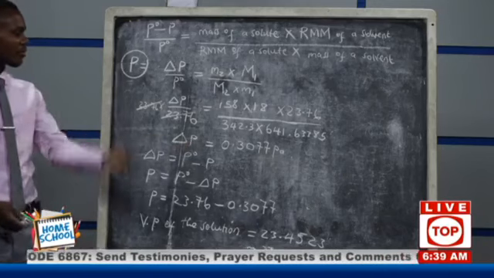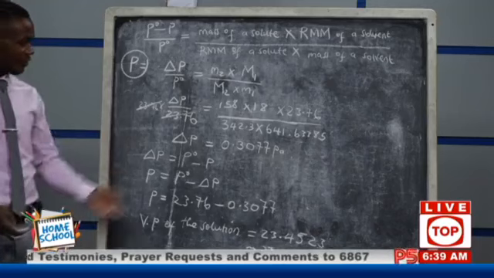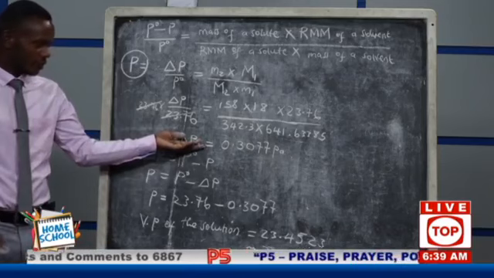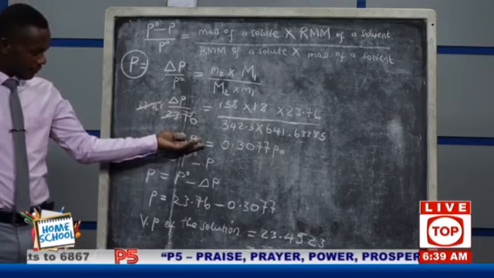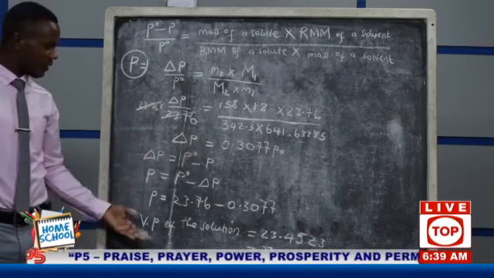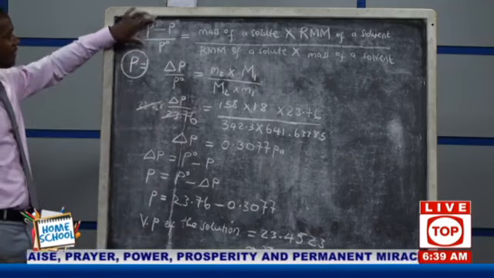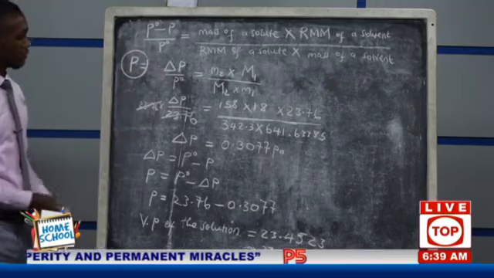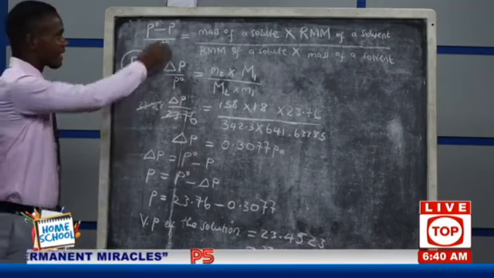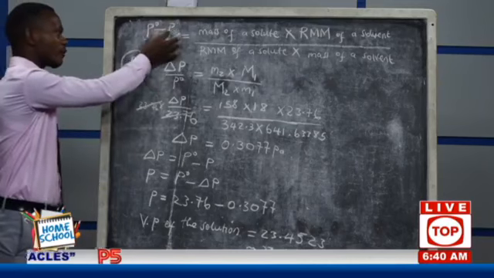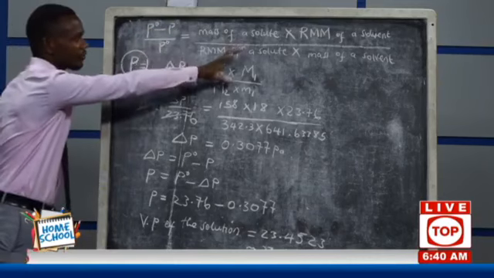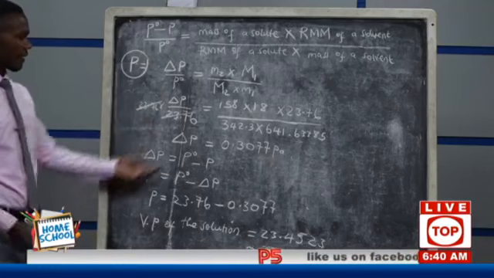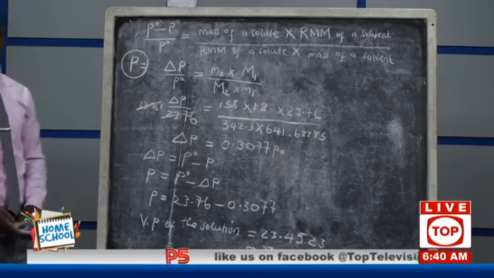So if another question comes asking you to determine the decrease in vapor pressure, you should stop from here. But if it is requiring you to determine the vapor pressure of the solution and the formula is this one, now you say, I have this, I have this, I don't have that one. Here, to do this, I just wanted to simplify, but as well you can start from here. You put this one, you put that one, you put those ones, then you'll be able to calculate this one. However, it is going to be hectic. So first calculate this, then you'll be able to get that one.